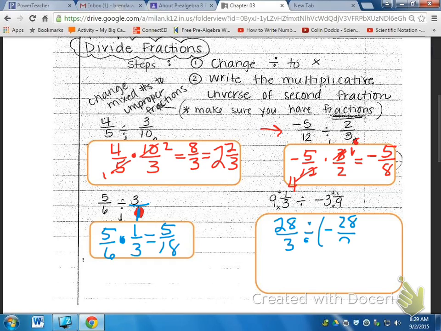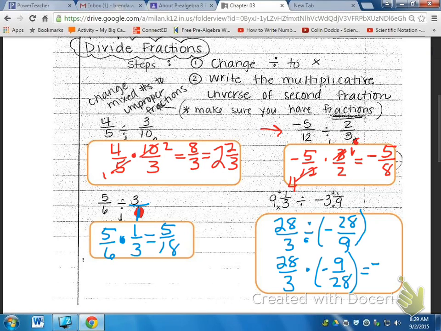28 over 9. Okay, now let's rewrite the problem as a multiplication. What would it be? 28 over 3 times 9 over negative 28. Yeah, it's a positive divided by a negative. So what's my answer going to be? Negative.